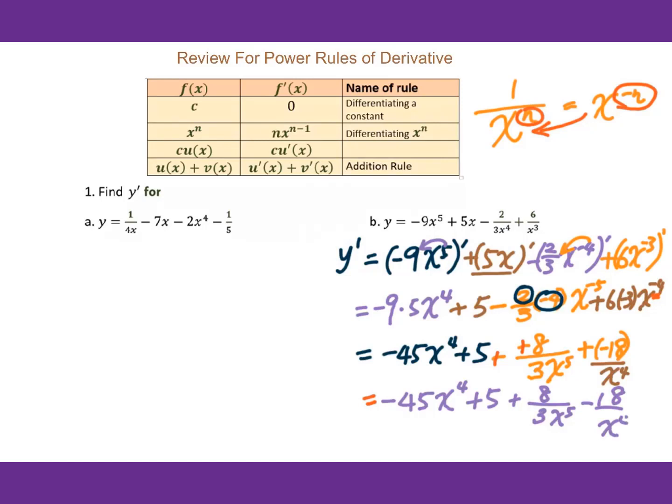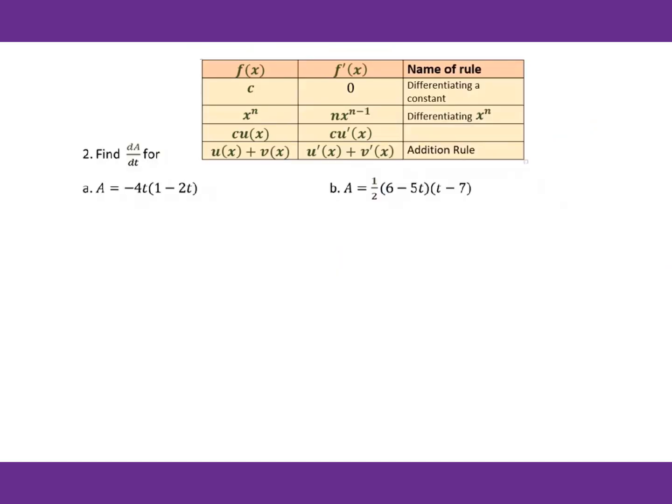Now let's go to number 2, find dA by dt. Remember, we do the distributive property first. Then we can do the derivative of each term. So we have negative 4t plus 8t squared.